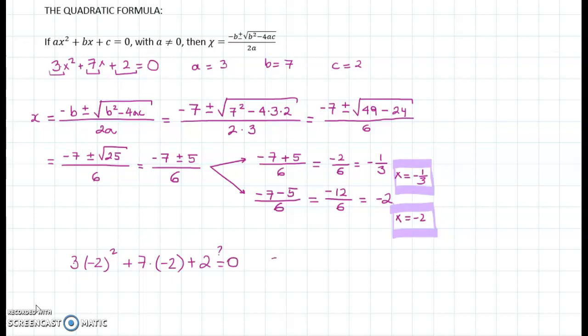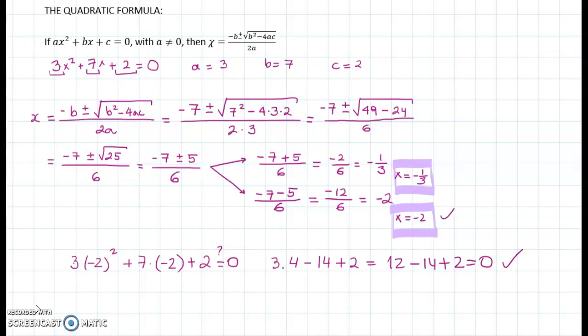Well, we have 3 times negative 2 squared, so 4. And then we have 7 times negative 2, that's negative 14, plus 2. So this is 12 minus 14 plus 2, which is actually 0. So it was correct. That's a solution.